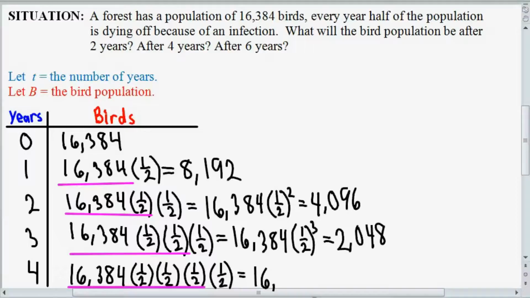Let us now simplify this notation to 16,384 multiplied by 1/2 to the fourth power, which will give us a bird population of 1,024 birds.